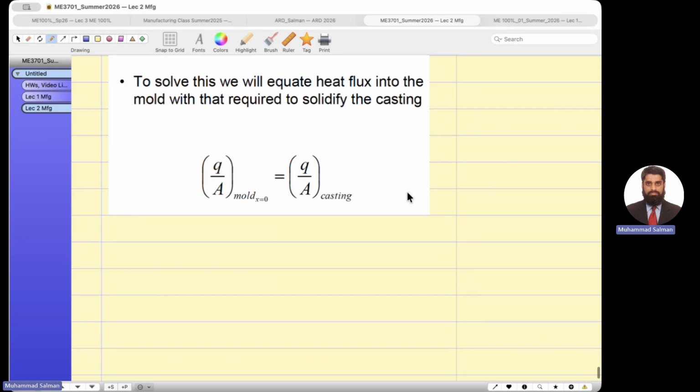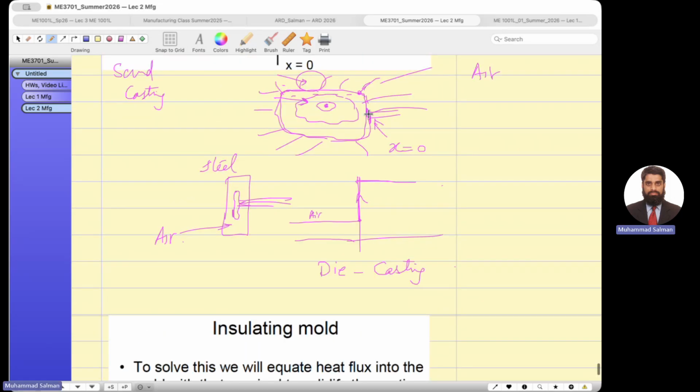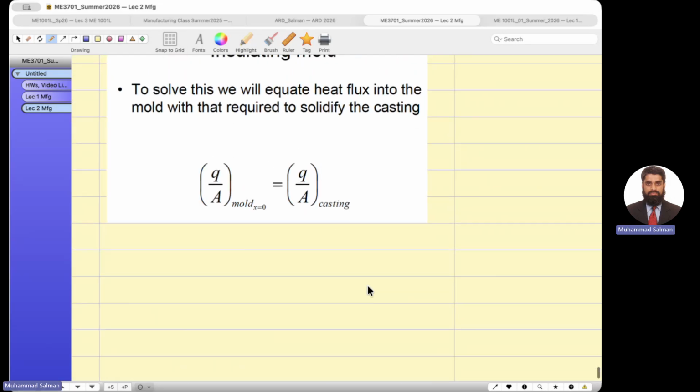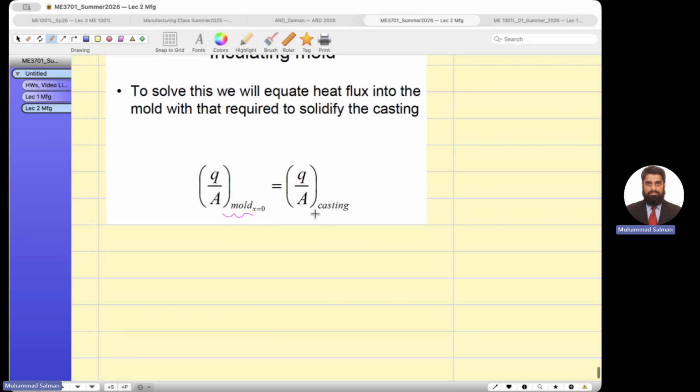So heat flux per surface area is equal to the mold. At this juncture, the heat flux Q over A is equal to the heat flowing from the mold to the sand. The heat flux is the same. That's why I wrote down the mold and the casting. You understood this point?